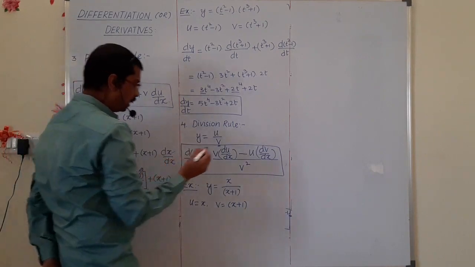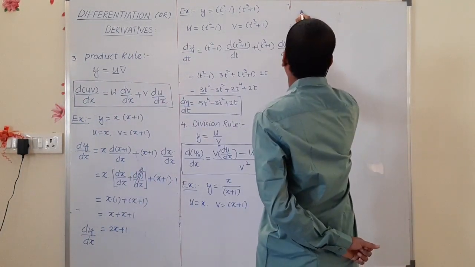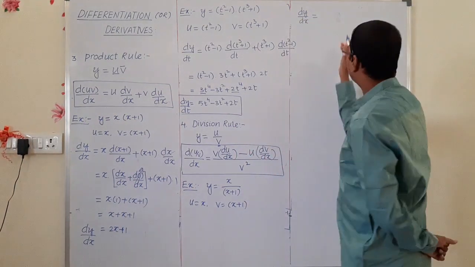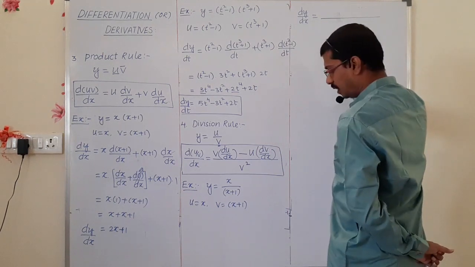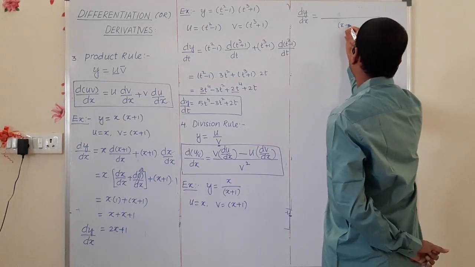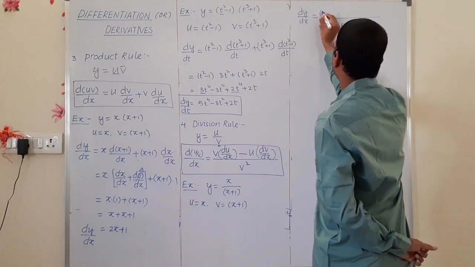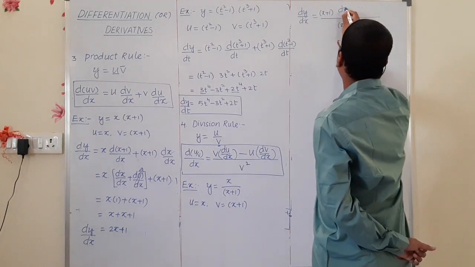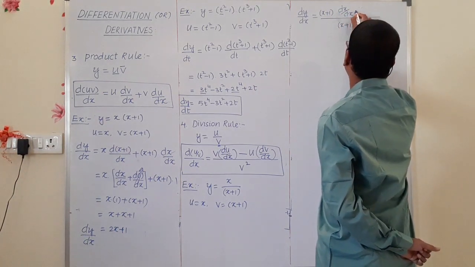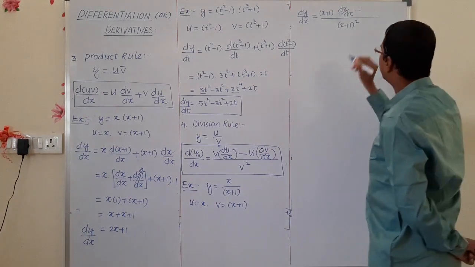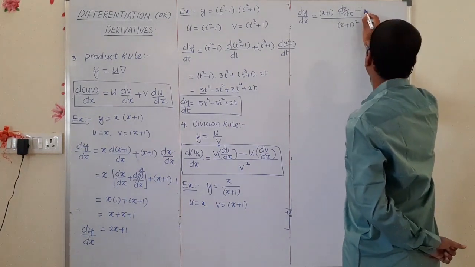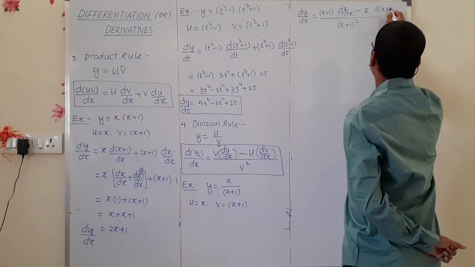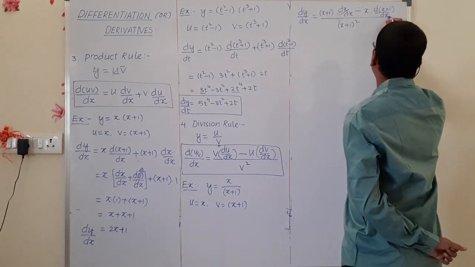If you use the formula, dy upon dx is equals to, first of all, the denominator square, that is x plus 1 whole square. Keep x plus 1 as a constant and differentiate dx upon dx, minus, and keep the constant u, that is x, and the differentiation of x plus 1 upon dx.